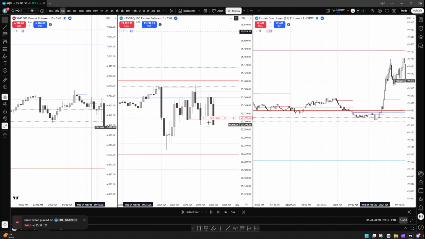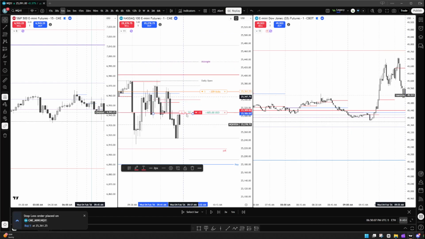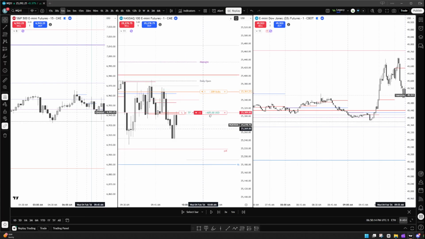So I end up limiting in here. Stop above, it could be this CSD or this OB. This is also another OB. I chose to use the higher one only because this OB and this move is, in my opinion, sitting inside of this one. So anyways, that was it.